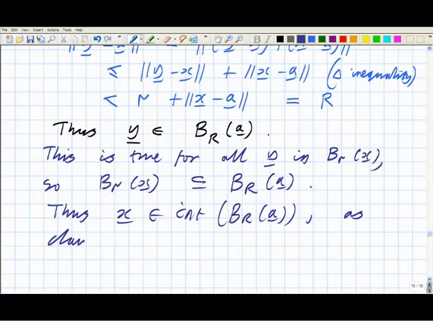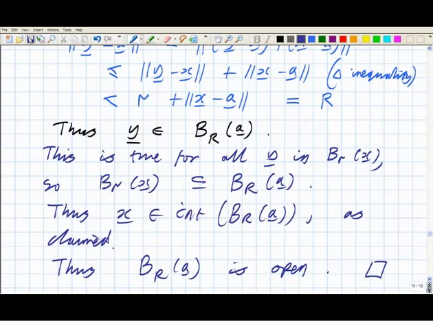And again, you can unpick that a bit more. x was an arbitrary point of the big ball, so that shows the big ball is open and so on. But I think at this point we can say the result follows. So that's as claimed.